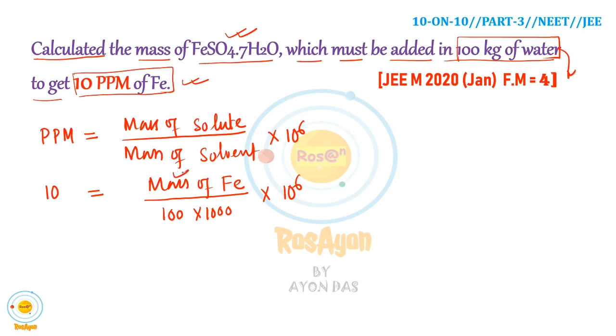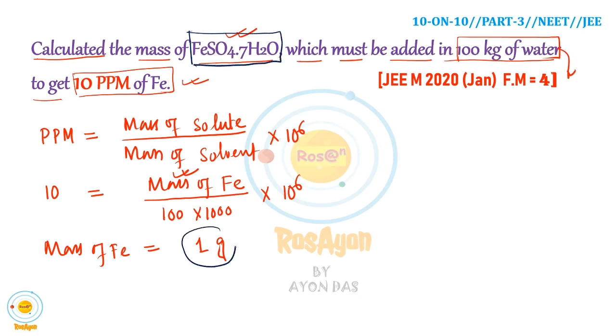So if you calculate the mass of Fe, that is equal to 1 gram. It is clear. Now you have to determine the mass of ferrous sulfate which gives 1 gram iron.